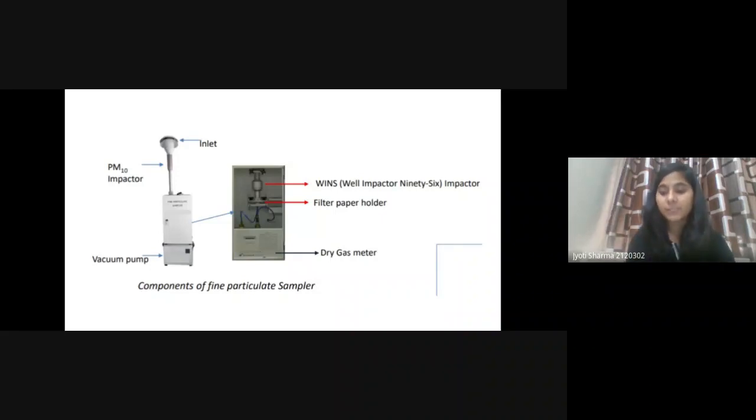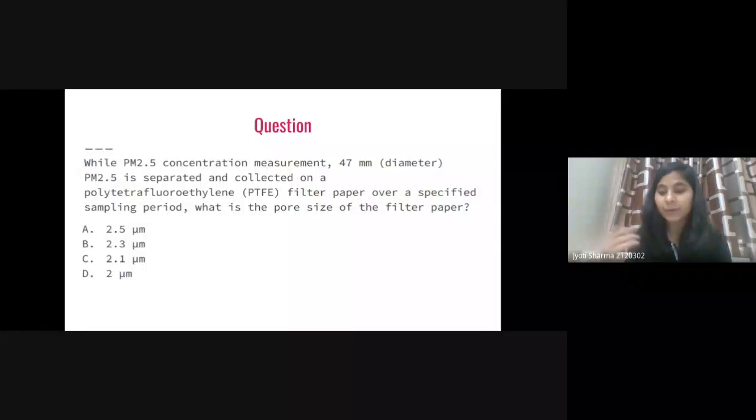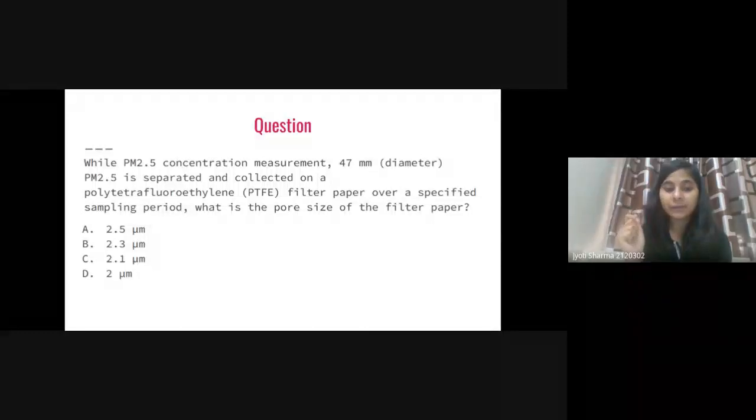This is the basic principle of how you can measure particulate matter in the atmosphere. We are using filter paper whose porosity is very much specified. We use different kinds of filter paper, different materials, and because of the pore size, it will allow the specific particulate matter.